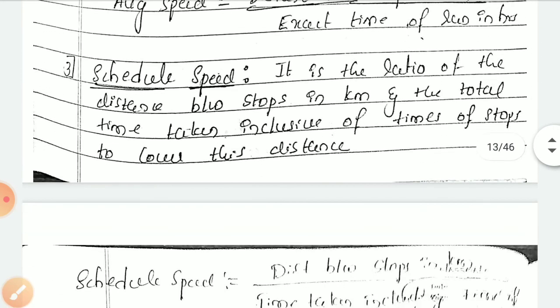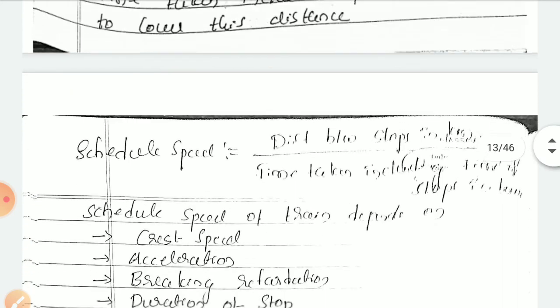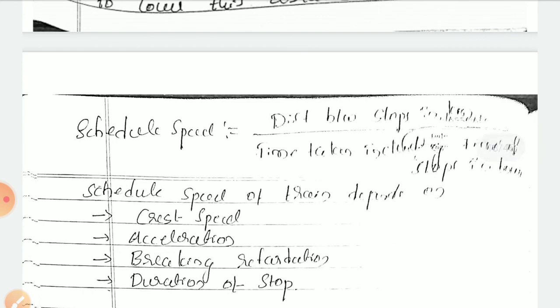Then there is scheduled speed. Scheduled speed is the ratio of the distance between the stops in kilometers to the total time taken, inclusive of the time of stop.